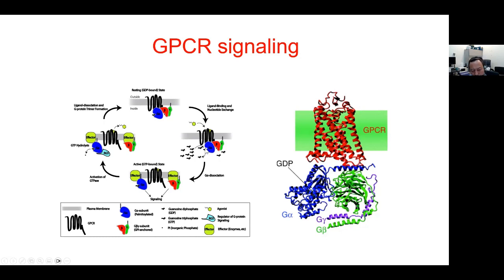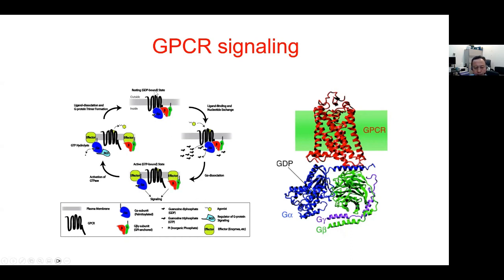So then this G protein is activated, it separates and goes to the effector to activate the downstream pathway. Once it's done with its activation, it does hydrolysis, so GTP goes back to GDP. Now it goes back to the inactive state and associates with the apo form of the receptor. So that's what has been suggested.